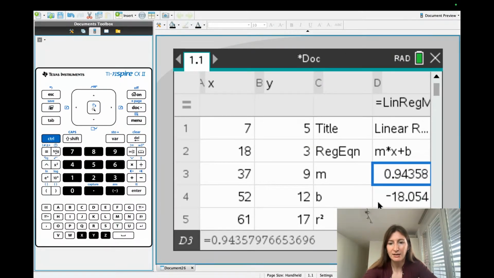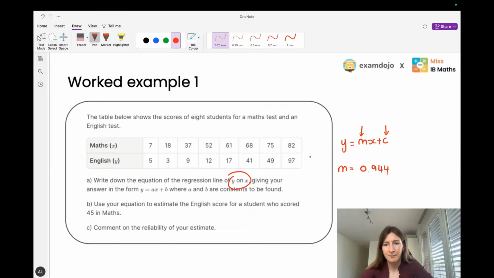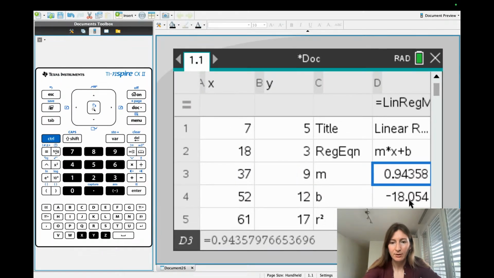Our B is minus 18.05, so that'll be minus 18.1. Double check that you have the same. If you don't, maybe you typed it in wrong, maybe I did. Minus 18.1, there we go.